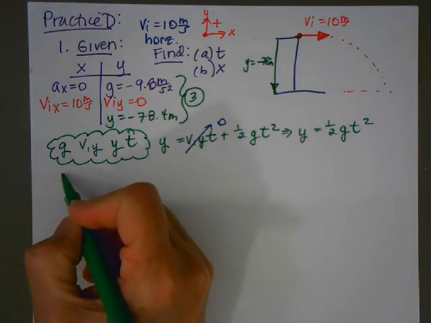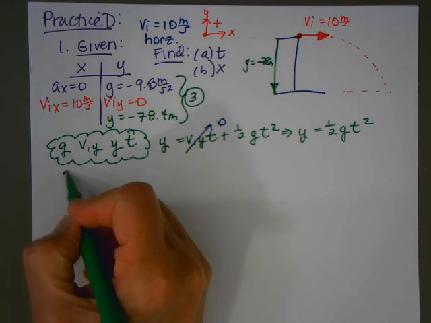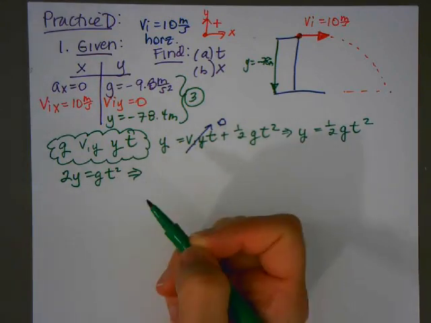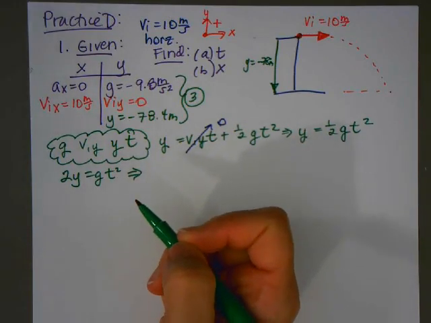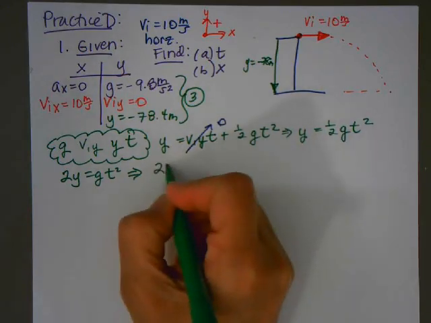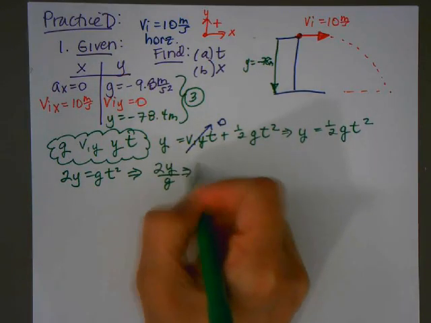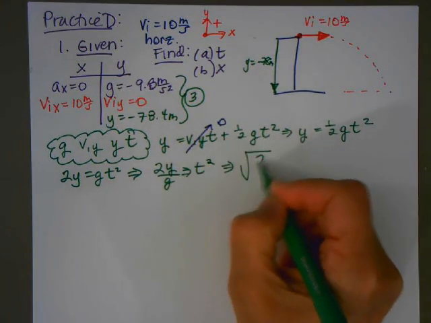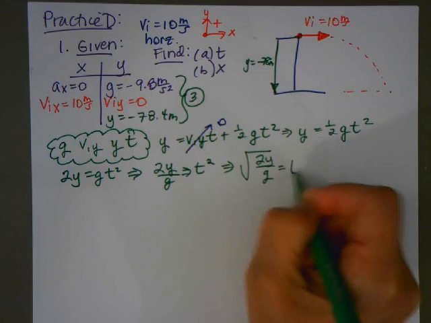So I have 2y is equal to gt squared. And again, you can do some of these intermediate algebra steps in your head. Then I'll divide by g. And then I'll take the square root of both sides. So the square root of 2y over g is equal to t.